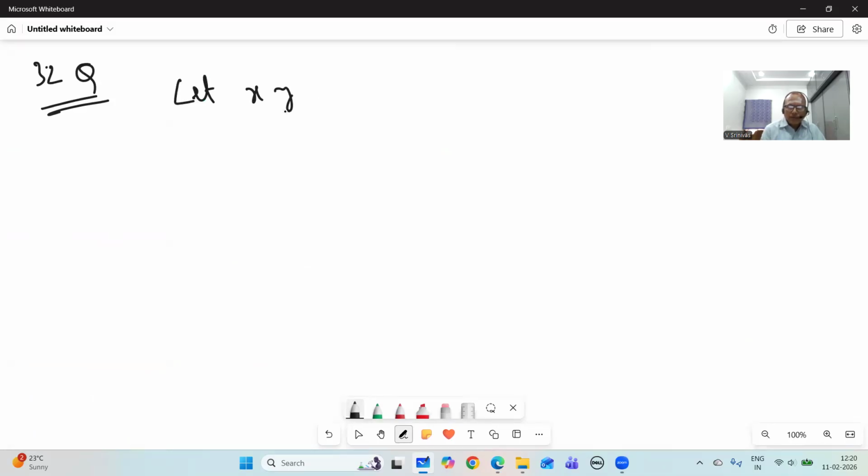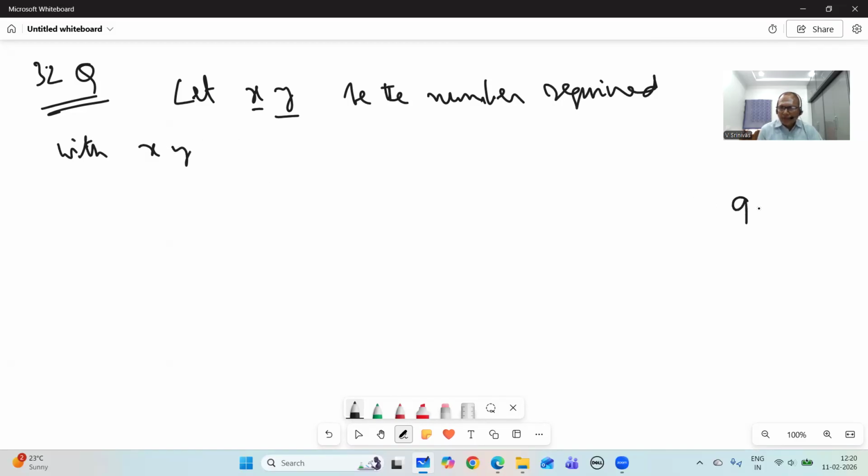Let xy be the number required with x, y as digits in the tens and units places respectively. For example, 97 is written with 7 in the units place and 9 in the tens place.